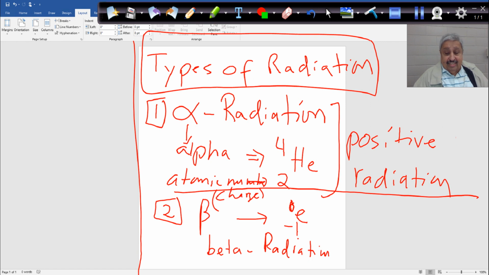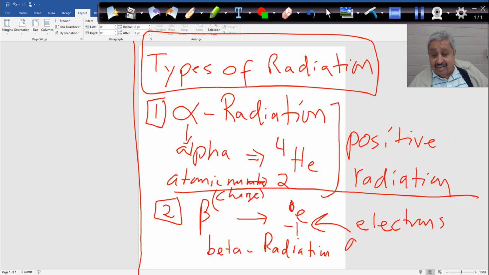Now you will say this is an electron. Well, this electron is not coming from the valence electrons outside. Those electrons are coming from the nucleus.